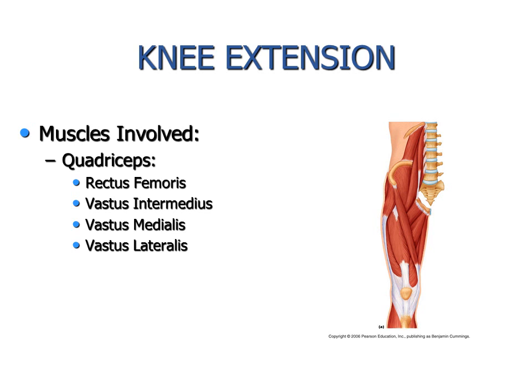Finally, let's talk about knee extension. Knee extension involves the quadriceps muscle groups. There's 4 muscles in the quadriceps muscles, and those include the rectus femoris, the vastus intermedius, the vastus medialis, and the vastus lateralis.